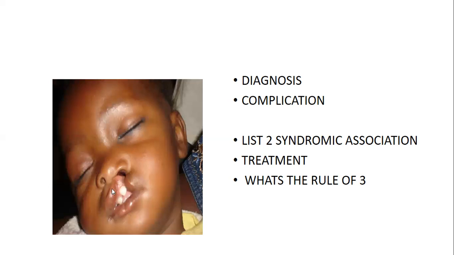The treatment for this is called cheiloplasty. Or if you can't remember, just say cleft lip repair. So is there any question anyone wants to ask before we move to the next slide? Is there any question?